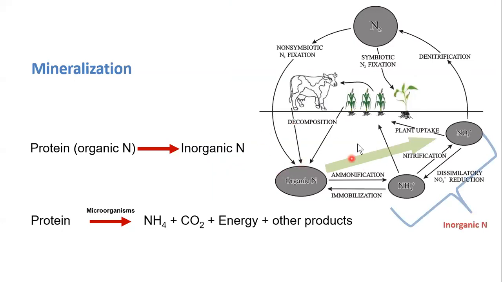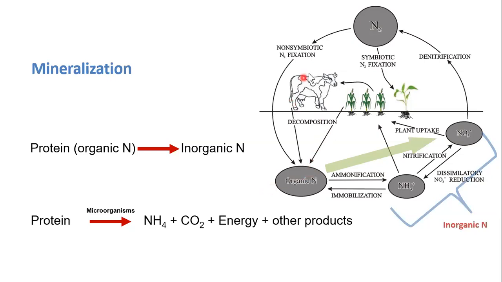There are a few processes in the nitrogen cycle. For example, the first one is mineralization. The organic nitrogen is converted to inorganic nitrogen. We know that plants like to take nitrogen in inorganic form.